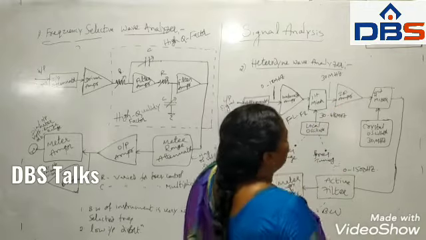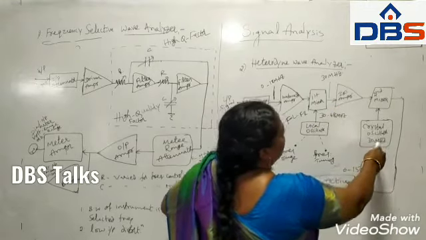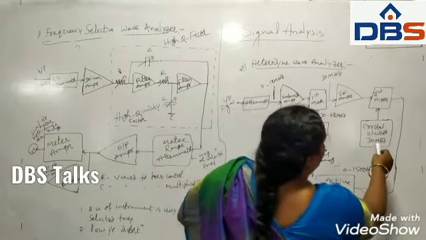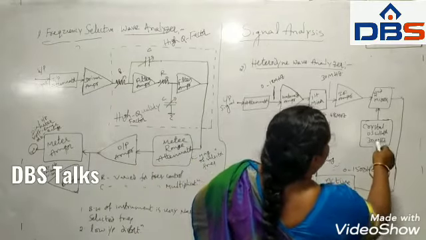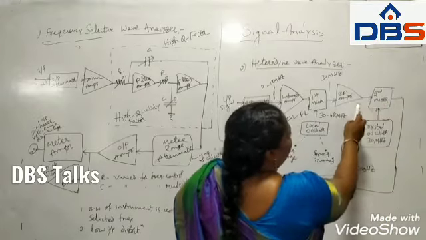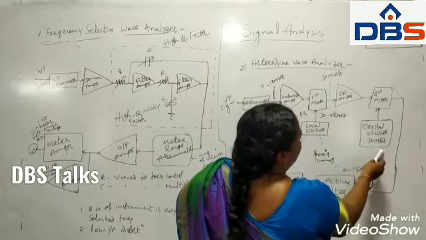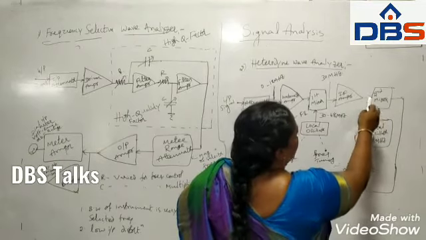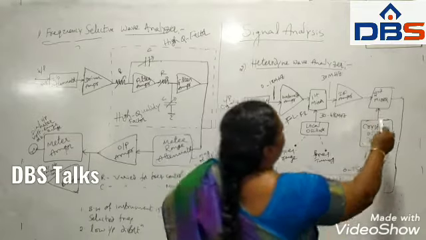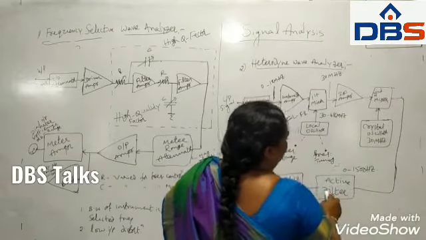In the second mixer stage, it is connected to the crystal oscillator. Here the crystal oscillator frequency signal we take is 30 megahertz. So the intermediate frequency output and the crystal oscillator frequency signal are mixed in the second stage mixer, and it is connected to the active filter.